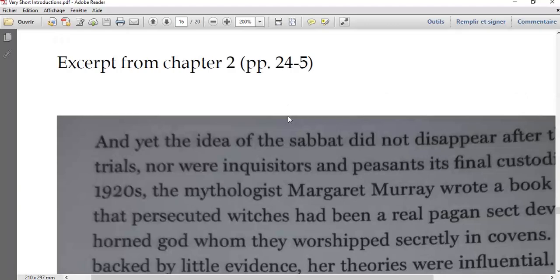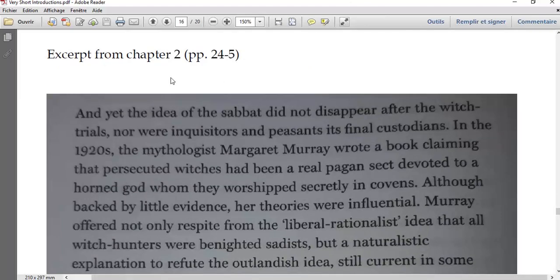And chapter 2 is about heresy, as you remember. And this is to show you what Malcolm Gaskill does in this book, which you could call historiography.